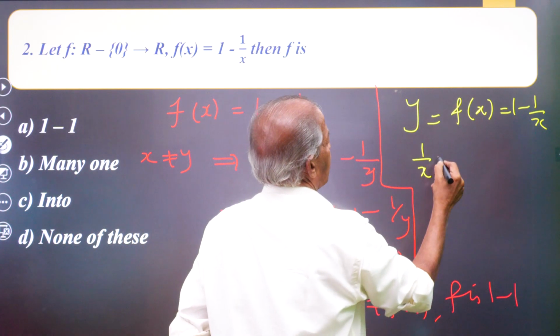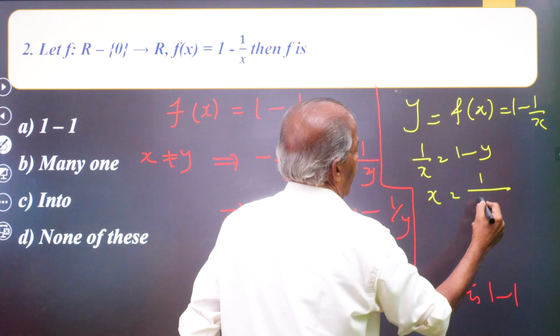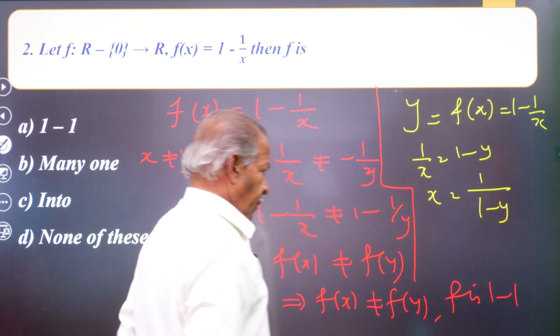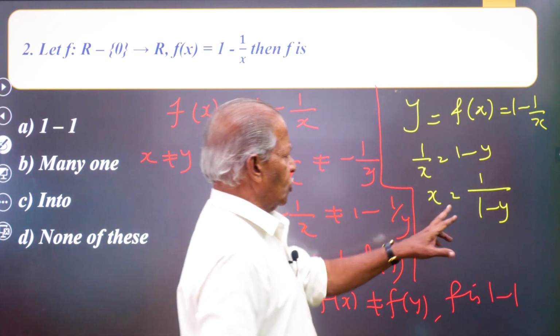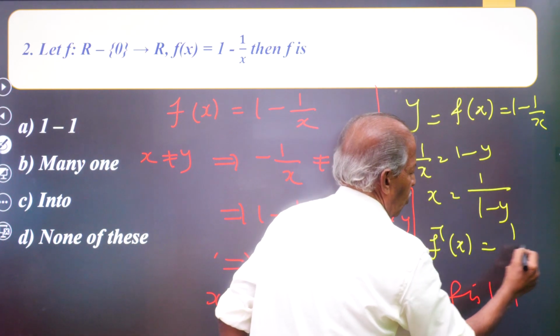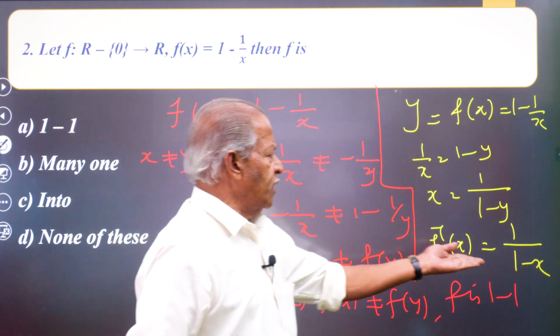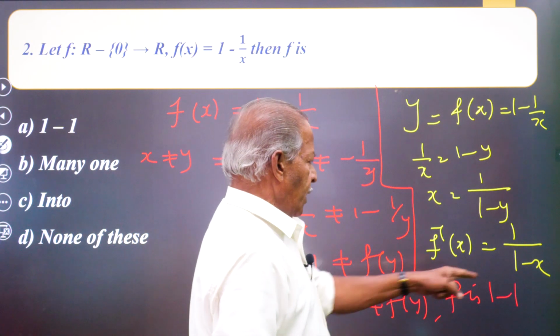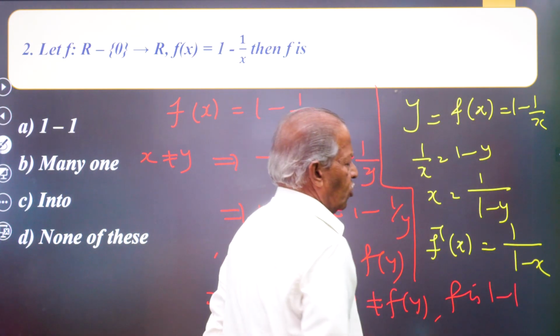Therefore, 1 by x equal to 1 minus y, which gives x equal to 1 divided by 1 minus y. Then f inverse of x equal to 1 by 1 minus x. What are the values for this? x is not equal to 1. For the range of the function, x not equal to 1.